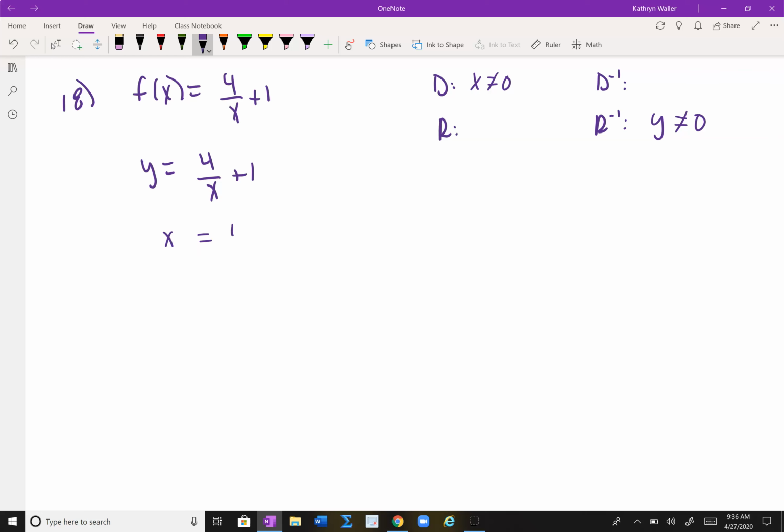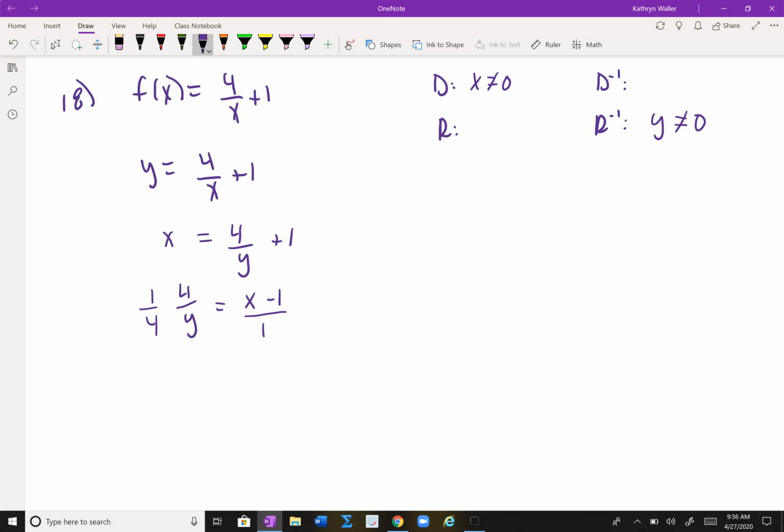Switch your x's and y's and solve for y. So move your 1 over. So you have 4 over y equals x minus 1. Now, I'm going to cross multiply, but I'm not going to distribute. Some of you are going to want to divide both sides by 4. So here's what some people do, just so you guys know.